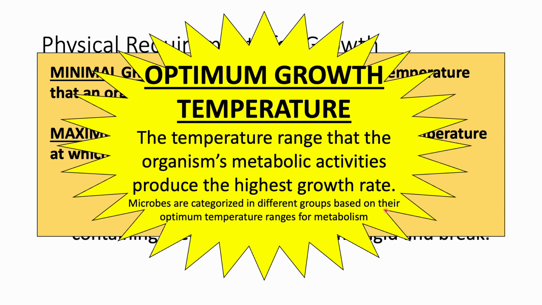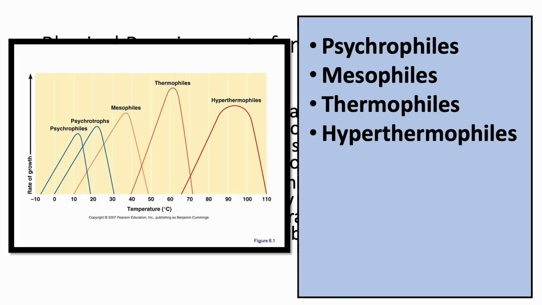And we can categorize microbes based on their optimum temperature ranges, and that's what we see on the next few slides. So this chart is showing different optimal growth temperatures for different types of bacteria. So we have psychrophiles and psychrotrophs, mesophiles, thermophiles, and hyperthermophiles.